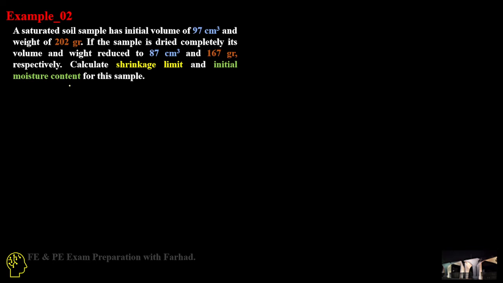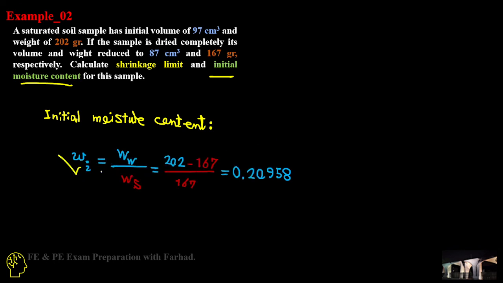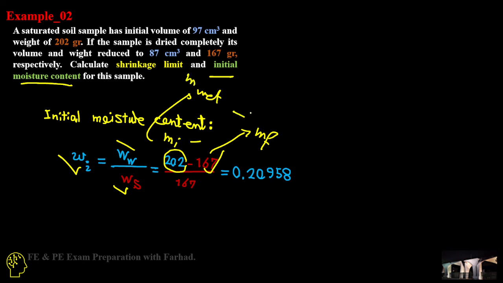In part B, what is the moisture content? The initial moisture content, Wi, is the mass of water over the mass of soil. If we dry out the sample, it gives us 167, which stands for the final mass, and the initial mass includes water, so that's the wet mass, minus the mass of soil at final because it's completely dried, over our mass of soil.